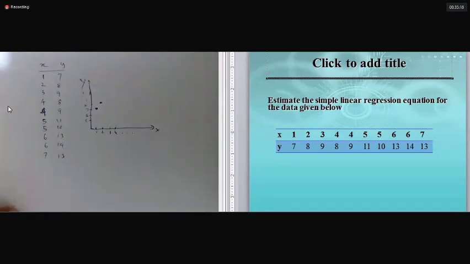Now mark all the points and tell me what the relationship is. Please do it quickly and tell me the relationship between these two variables x and y. Don't take much time, quickly do it and tell me.